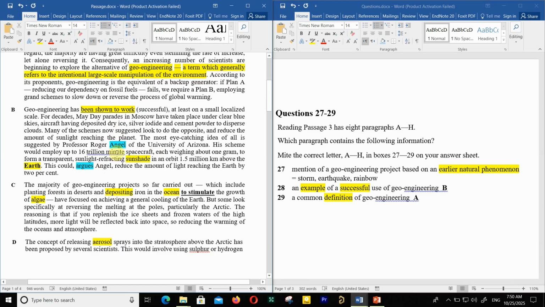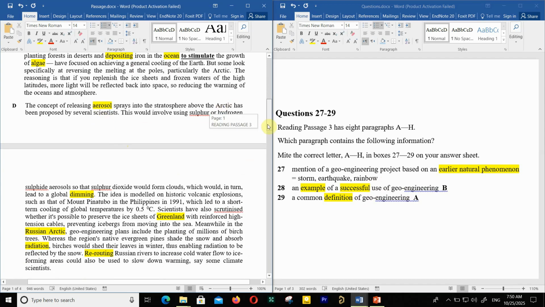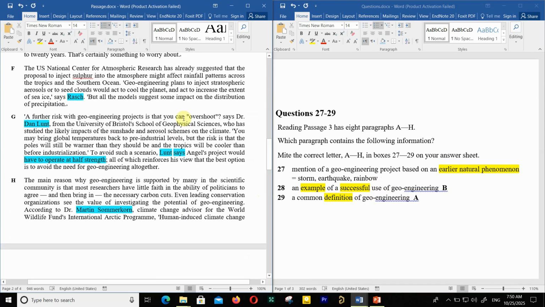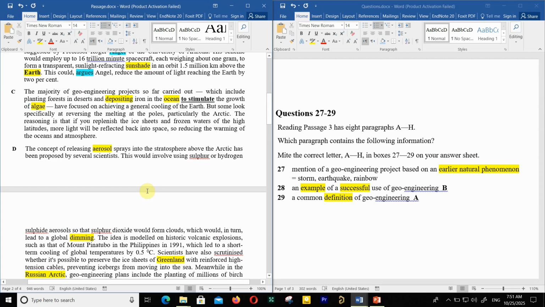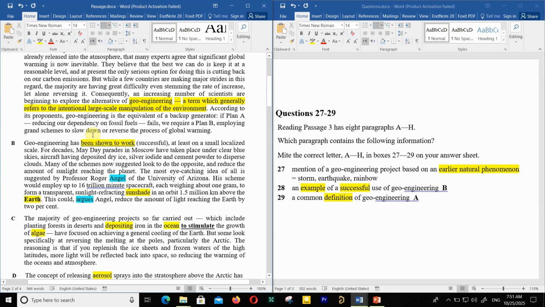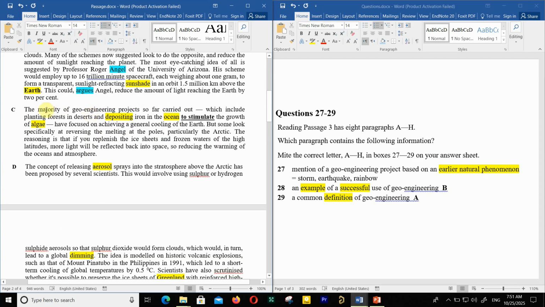It's not an easy one to just find. But as I already said, you already used some paragraphs, so probably it's not going to be there. These are just mentioning some statements by some scientists. So maybe before that I already used A and B, and sometimes you're going to use A and B again, but maybe it's a good idea to go for C and D. Maybe we can find something there. But this is a difficult one to answer.